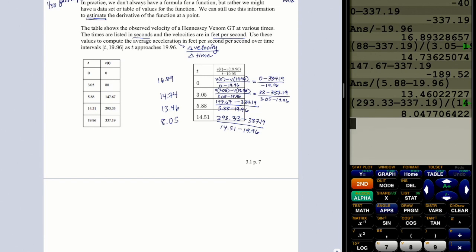That one just seems so far away from the others, so I'm going to compute it again. So 293.33 minus 337.19, divided by 14.51 minus 19.96.